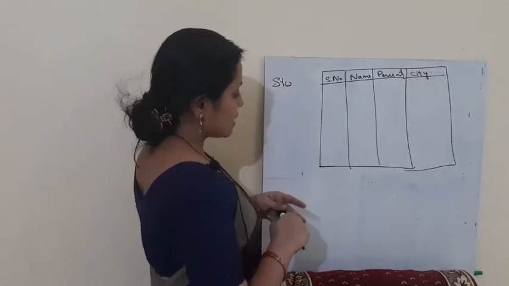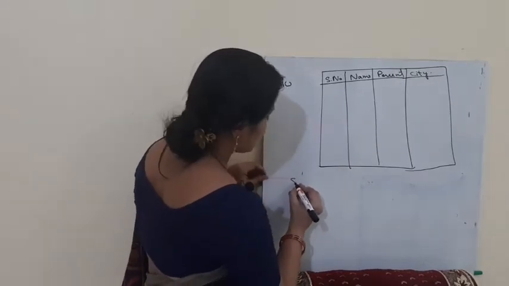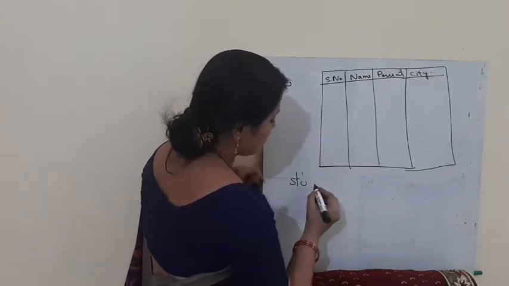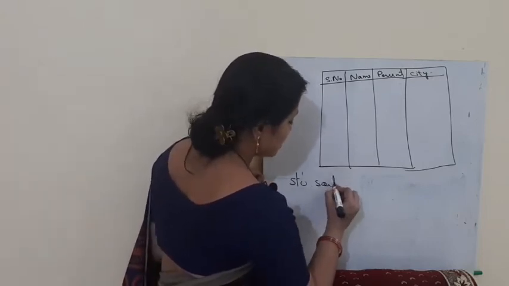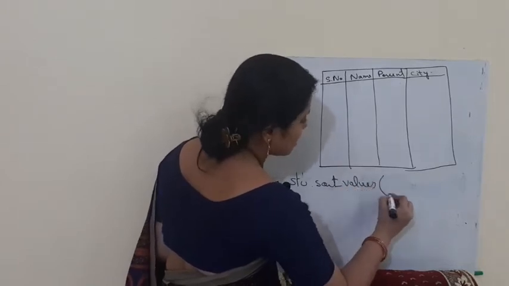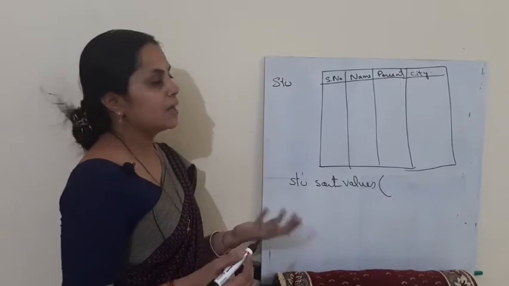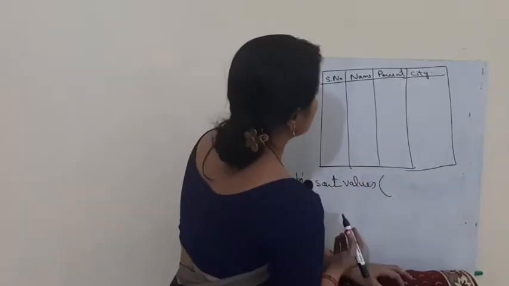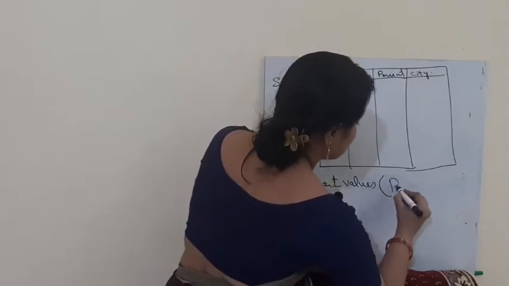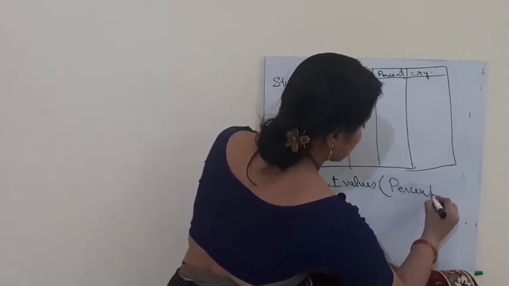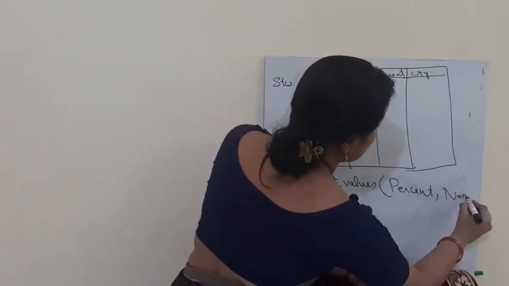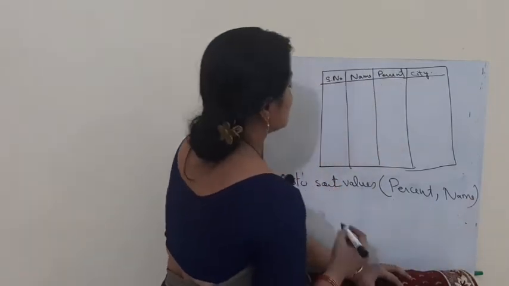So how will I write the function? The function will be written as STU.sort_values, and then my argument. I will write by, and I want to sort according to percent.